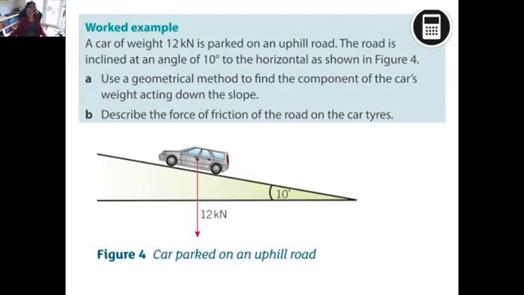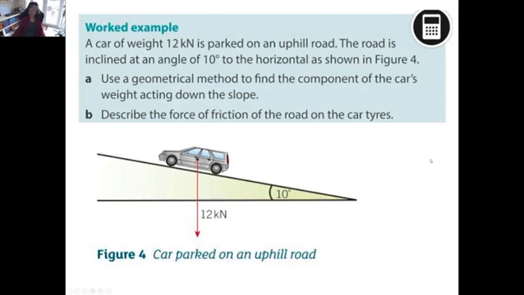Okay, so I have taken this example straight out of the physics book. You have a car of weight 12 kilonewtons and it's parked on a hill, and that slope is 10 degrees. It's asking you to find out the component of the car's weight that is acting down the slope.